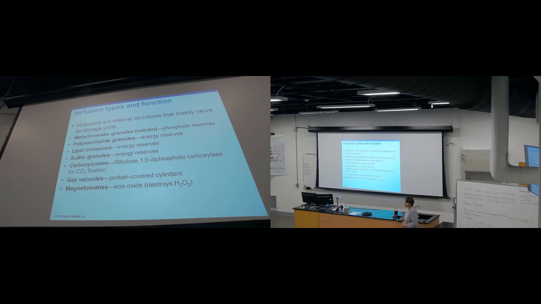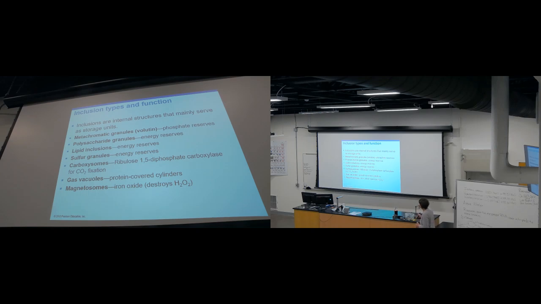Now, in the cytoplasm, you not only have the nucleoid, but also you have inclusions or storage units. These inclusions can have several items, including phosphate reserves that are called metachromatic granules or volutin. You can have glycogen, in this case called polysaccharide granules.